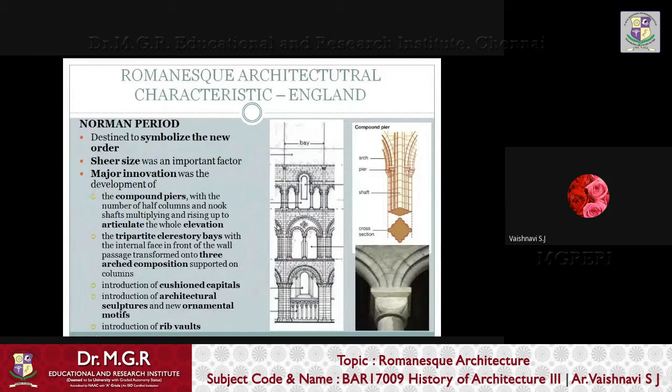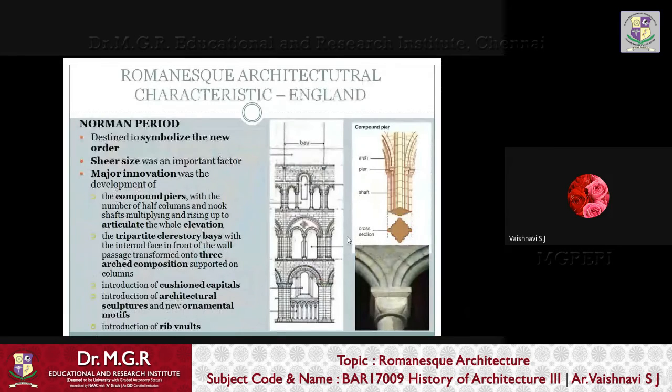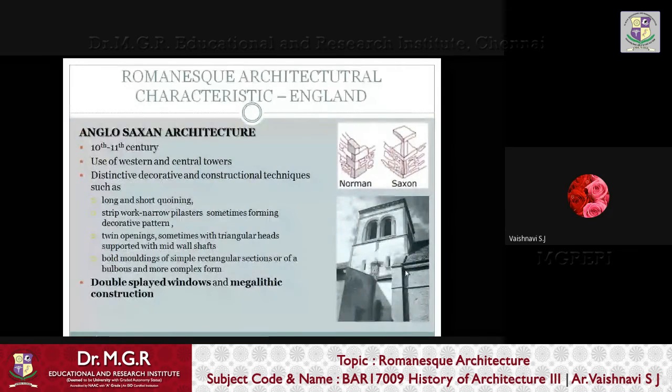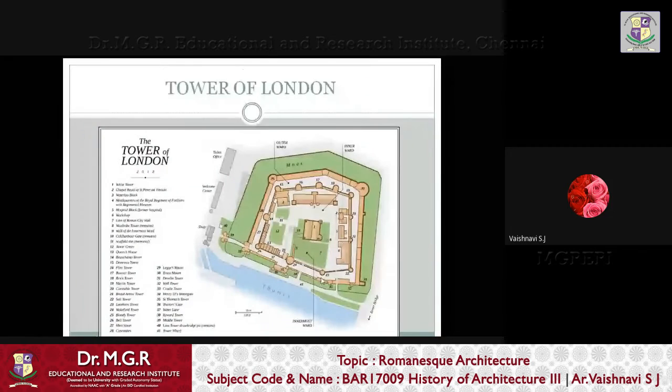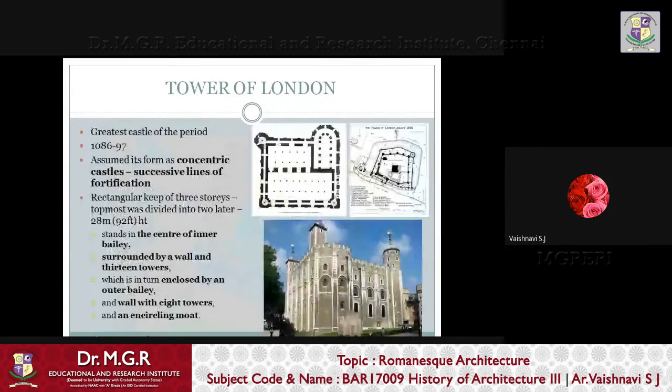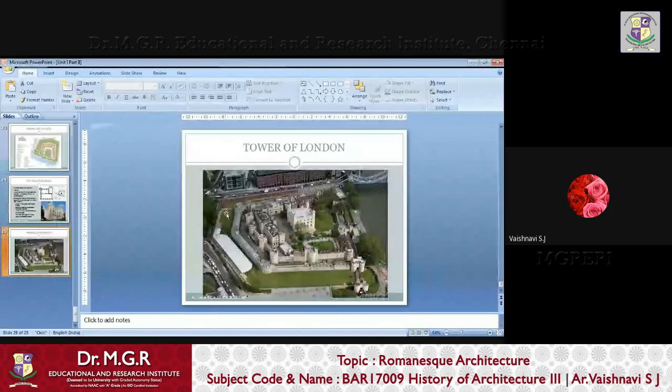One is Anglo-Saxon and the other one is the Norman period. Anglo-Saxon had a different style and Norman had a different style. And next one is the Tower of London. So this is about Tower of London. The existing photograph of Tower of London is here.